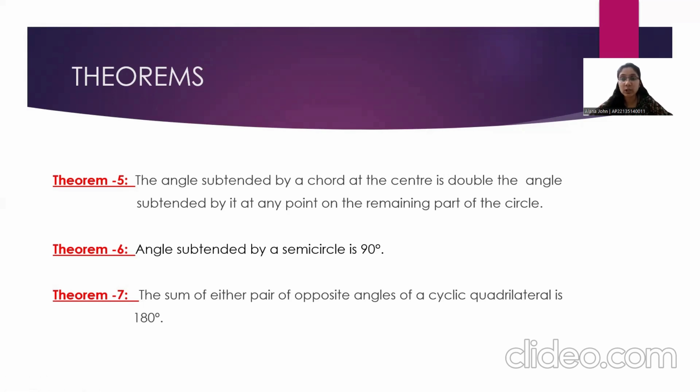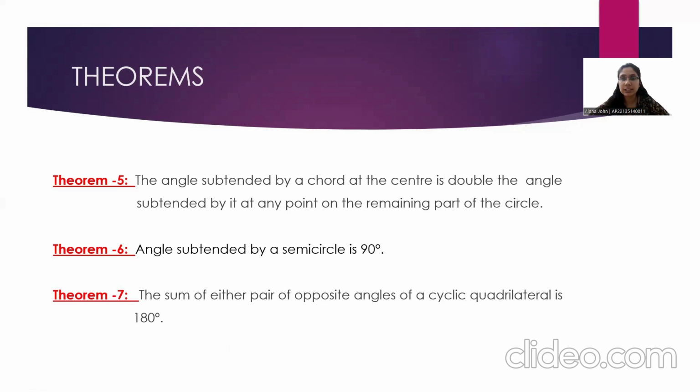And the last theorem, theorem 7, deals with the cyclic quadrilateral. What is a cyclic quadrilateral? A quadrilateral whose vertices are on the circle. Such quadrilaterals are called cyclic quadrilaterals. And it has a very important property: the sum of either pair of opposite angles of a cyclic quadrilateral is 180 degrees. That is, in a cyclic quadrilateral, if we take the sum of the opposite pair of angles, then it will be 180 degrees.